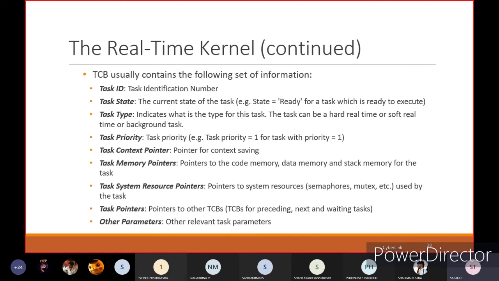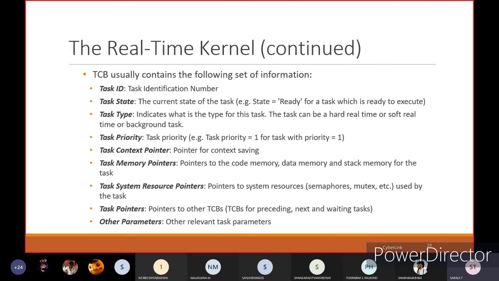Task type indicates what type of task it is. The task can be hard real time, soft real time, or a background task. These are the three types of task related to a real-time operating system.